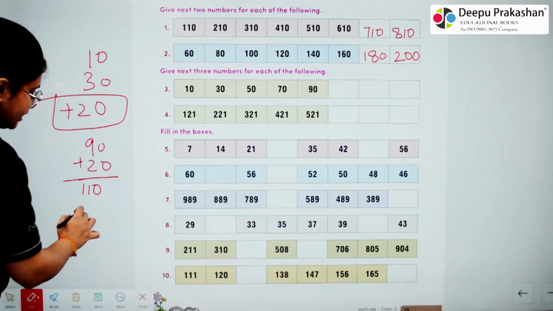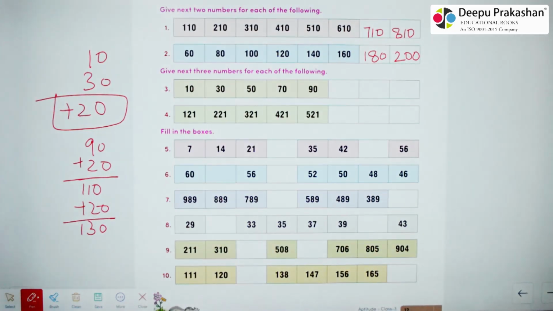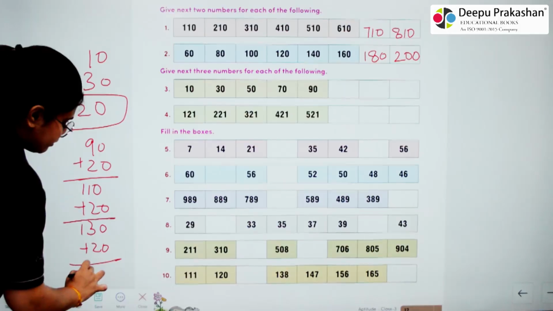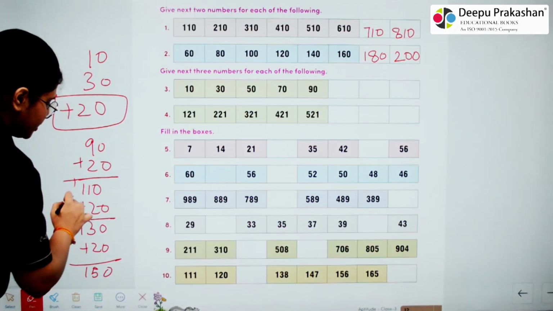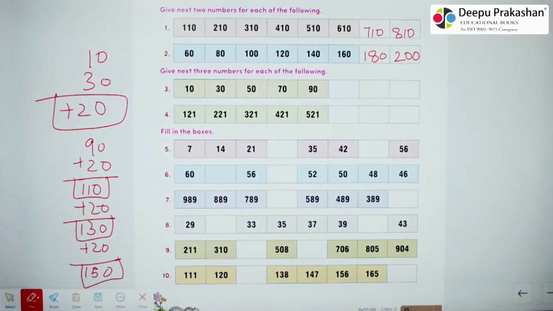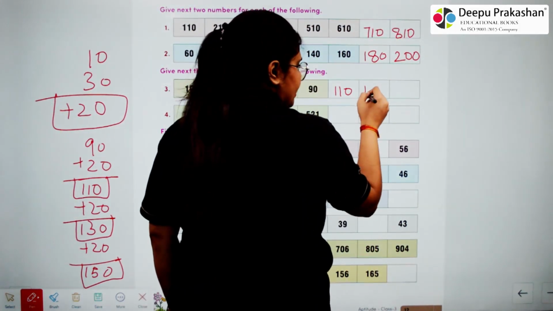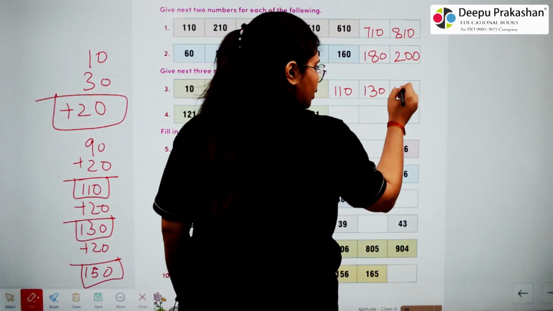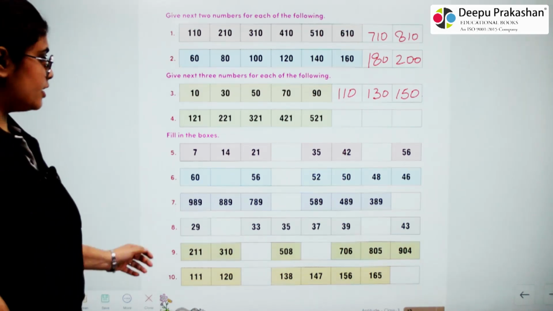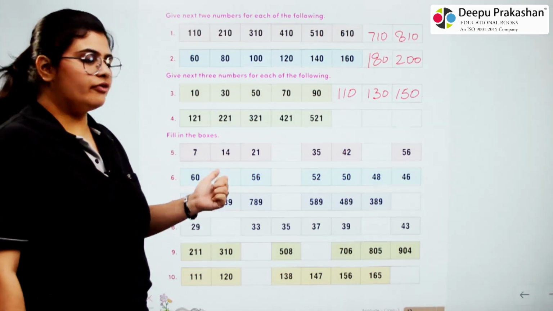To get the second number, we need to add 20 to it and we will get the answer as 130. For the third number, we need to add 20 to 130, we will get the answer as 150. So the three numbers that are asked of us are 110, 130, 150.